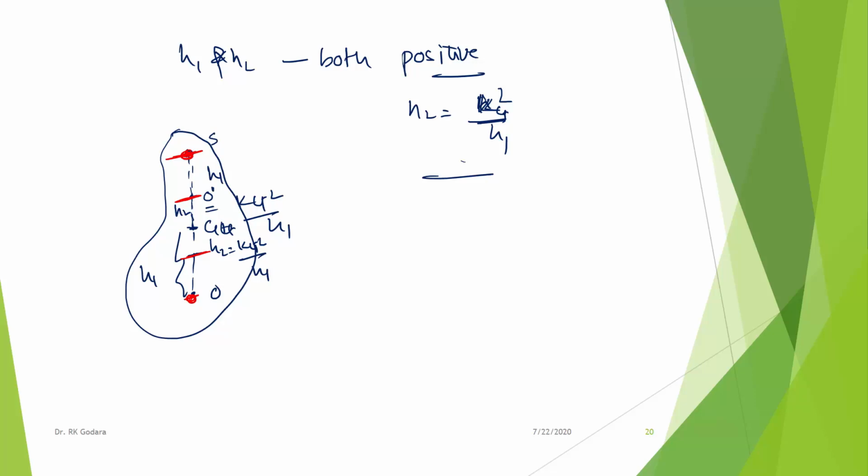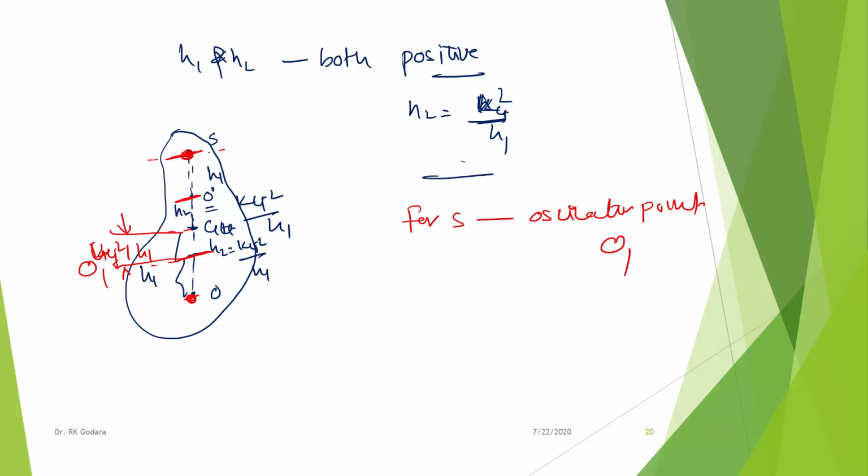If we suspend this pendulum about this point S, let's say this point is O1, then for S the oscillation point is O1, because this distance is kg square and this distance is kg square over h1.